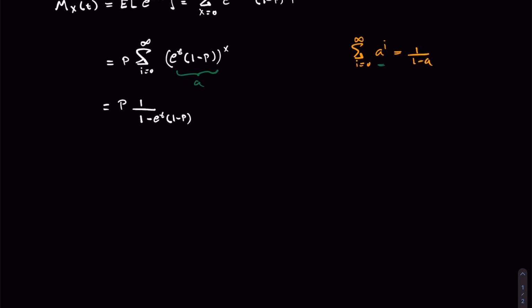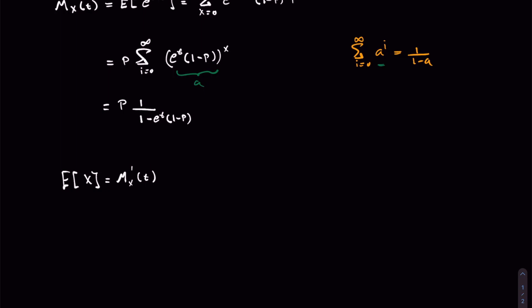Now, in the next step, we are going to calculate the first and the second moment. The first moment equals the first derivative of the MGF, and the second moment is the second derivative. So E of X equals M_X prime at t.